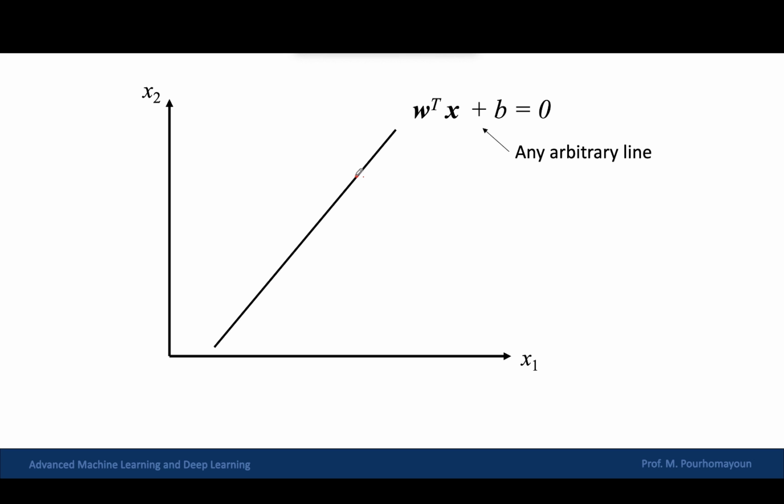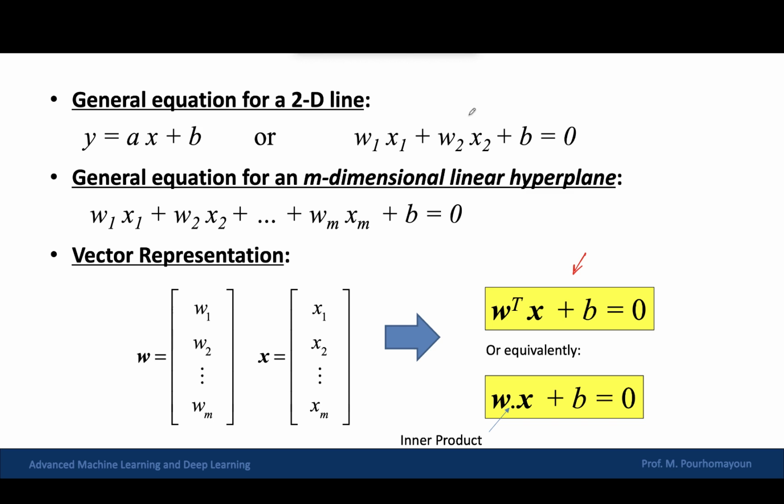So if this is, for example, an x1 and x2, whatever it is, if I put it here, this equation will be equal to 0, right? This is obvious. This is the equation of this line, so every point on that will follow this equation. It meets this equation.